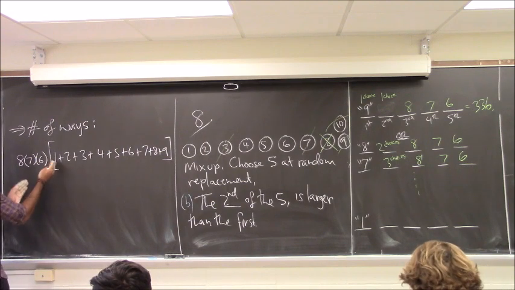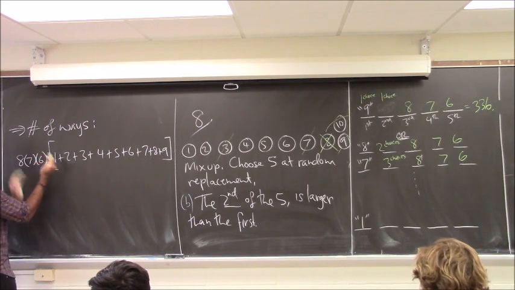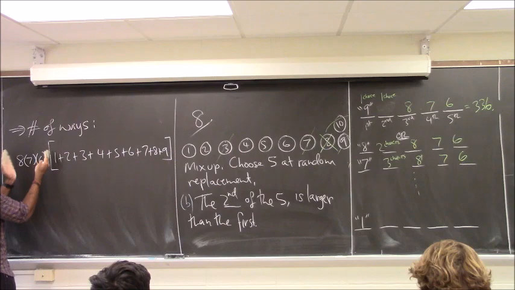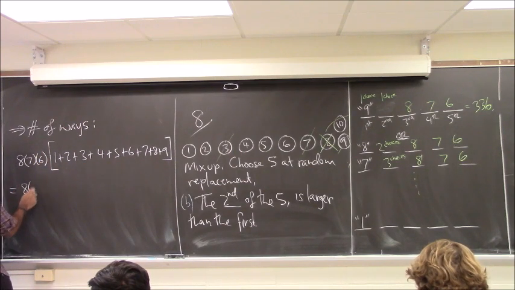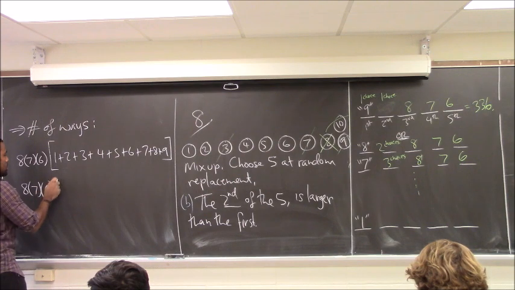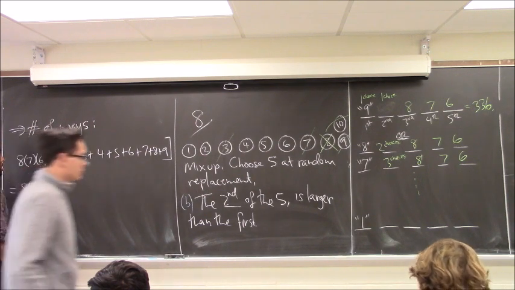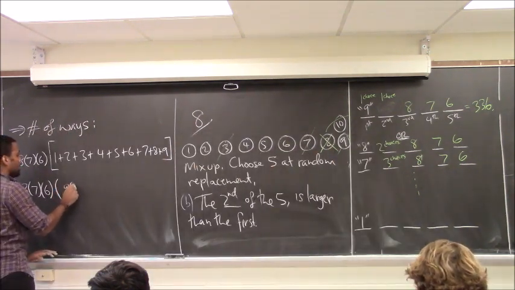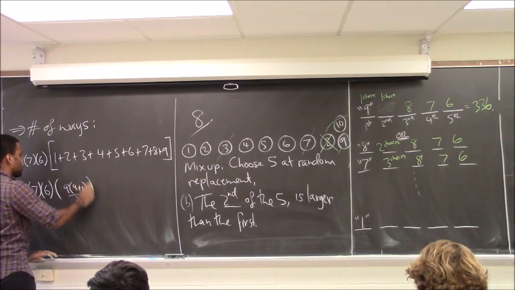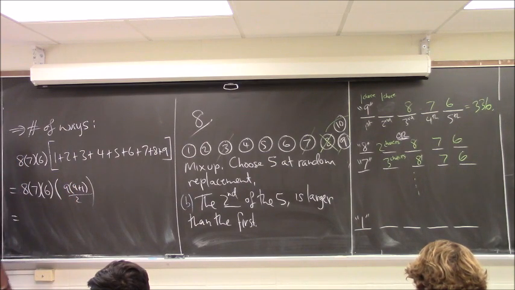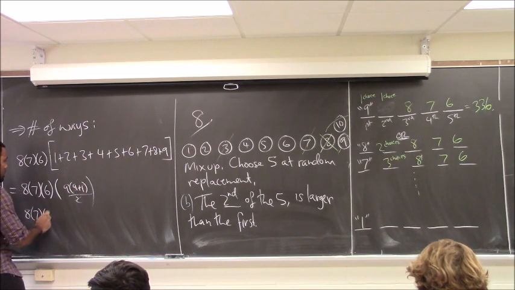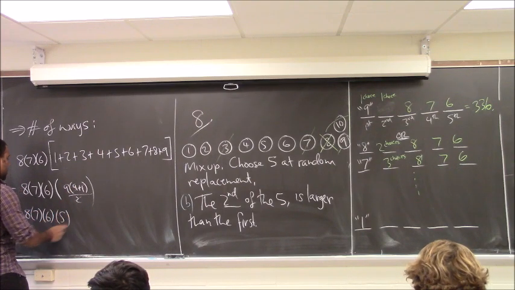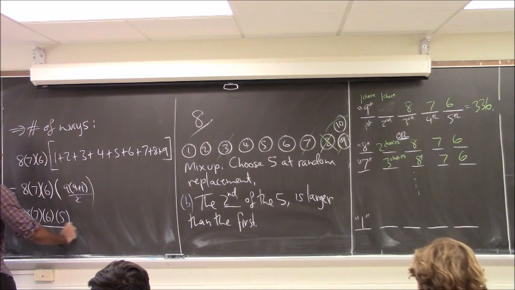Because you literally have 1 times 876, then 2 times 876, then 3 times 876, then 4 times 876, etc. Right? So remember that little Gauss taught us how to add that up. So that's 9 times 9 plus 1 all over 2. So that's 8 times 7 times 6 times 5 times 9 all over 2.